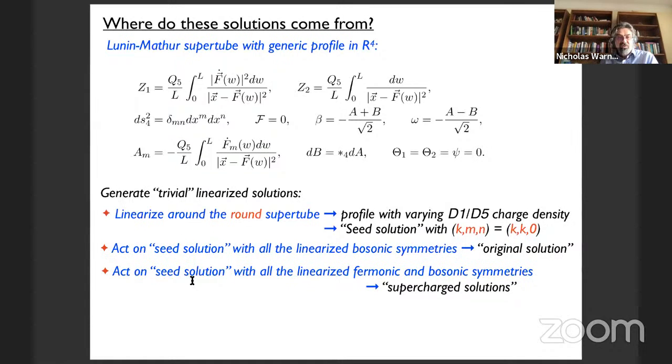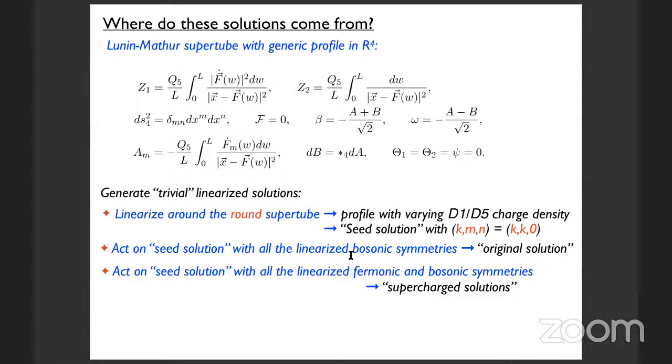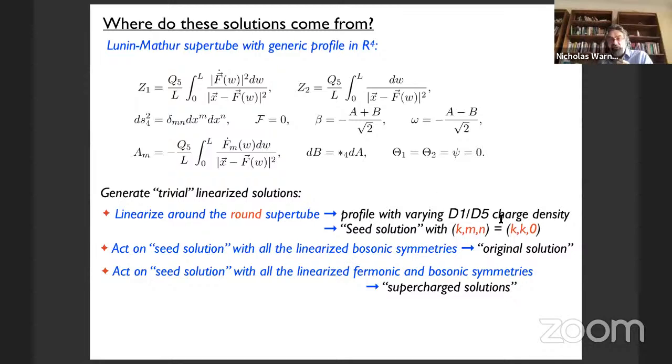Similarly, the new element, which is the more recent paper, the supercharged solutions, is obtained not just by acting with the bosonic symmetries, but you can also act with the linearized supersymmetries. So that's why it's called supercharged. You start with the seed solution, which is obtained from the D1-D5 system. It has 8 supersymmetries.